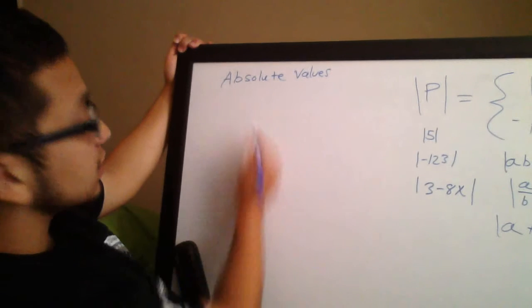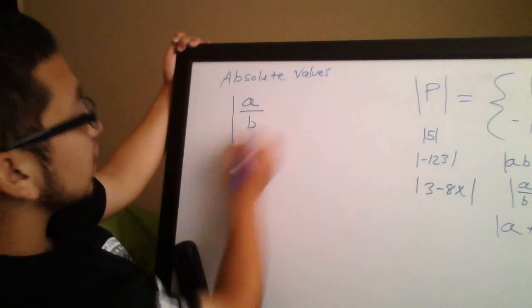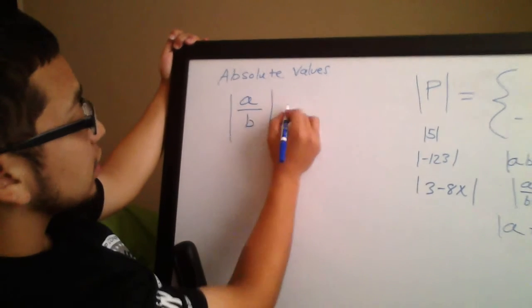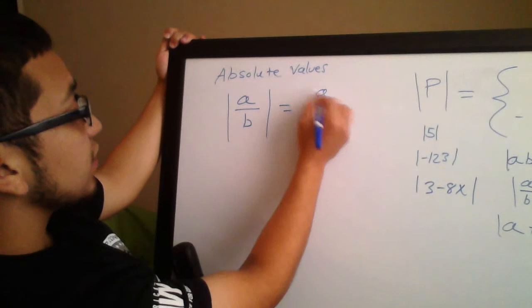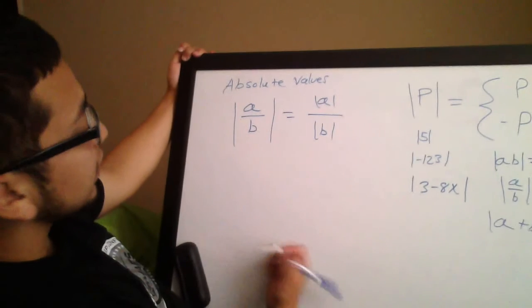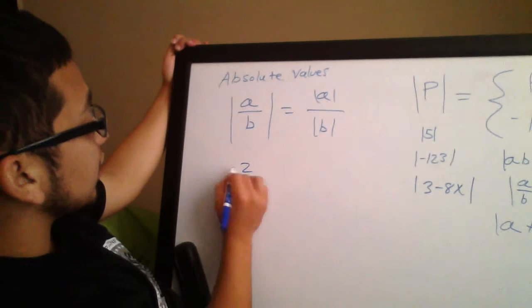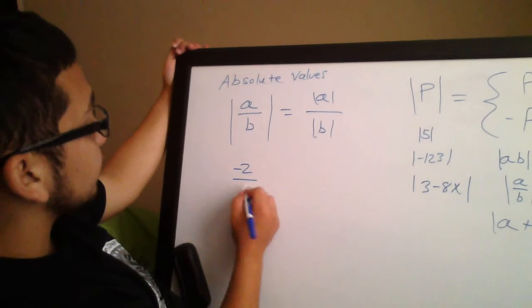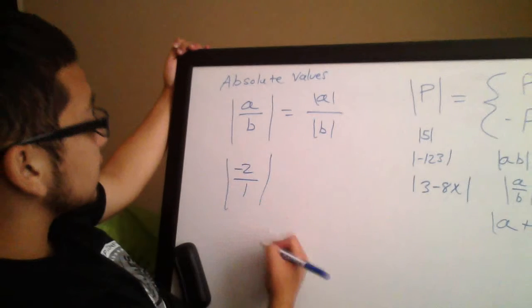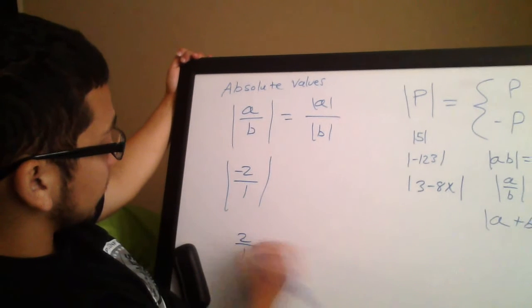And same thing for dividing. So if a divided by b, the absolute value of a divided by b will be equal to the absolute value of a divided by the absolute value of b. Again, it's the same thing. So say I had negative 2 over 1, the absolute value of this will just be the positive 2 over 1.